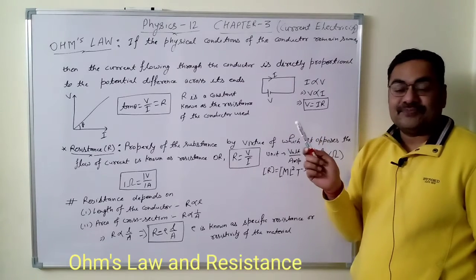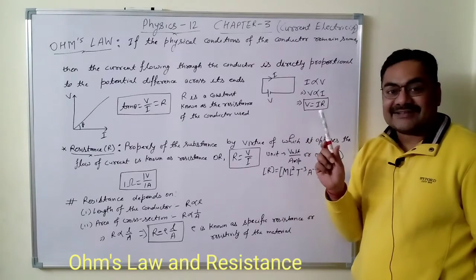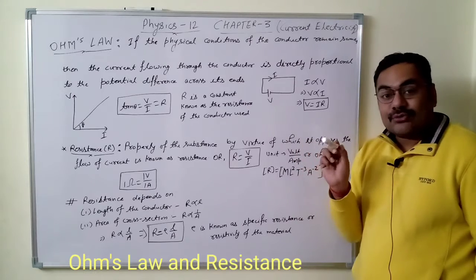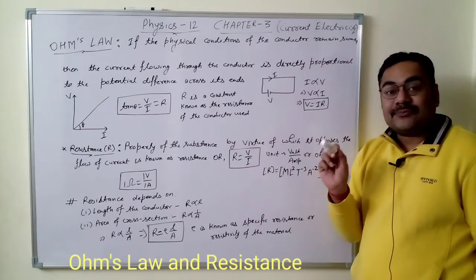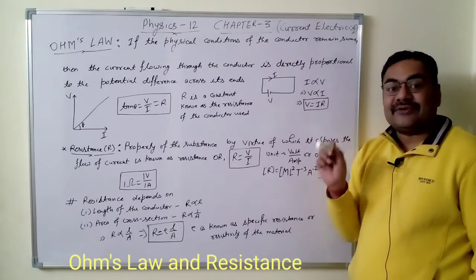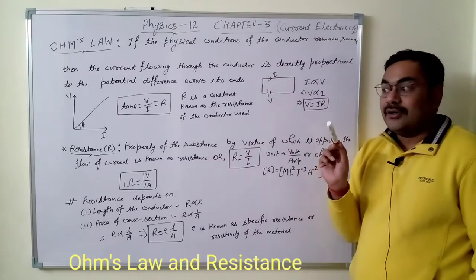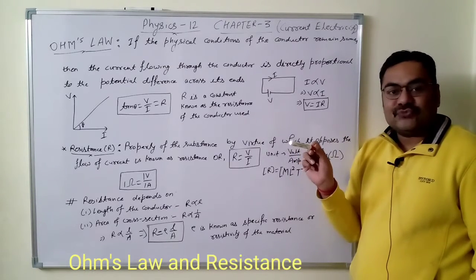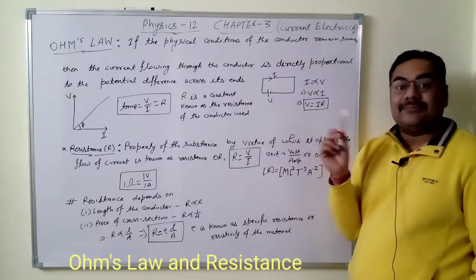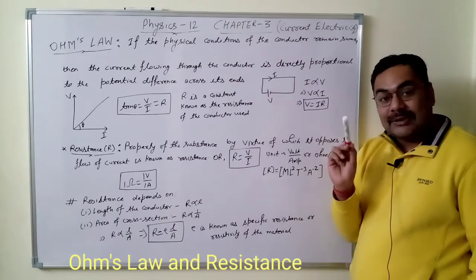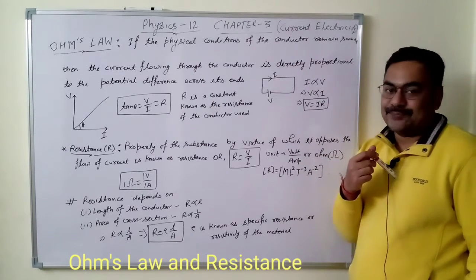No, this is not at all the case, because that particular conductor is of a specific length, of a specific cross-sectional area, at a specific temperature. So these must be same along with the material. Then the resistance will be specified for that conductor.